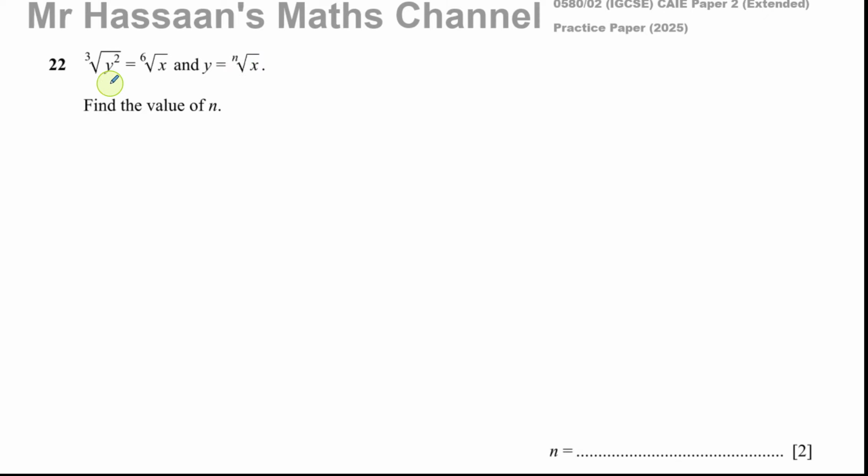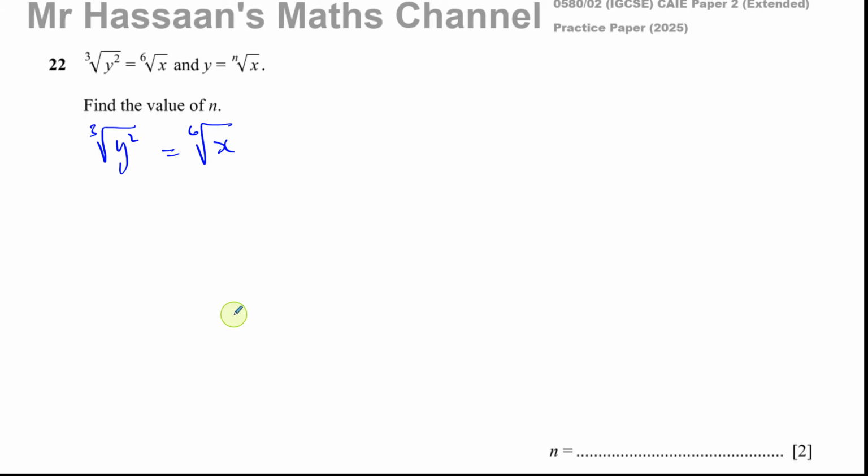So basically what we have to do is take this, the cube root of y squared equals the sixth root of x, and make y the subject. That should say in the end y equals, and then whatever's on this side, we can then work out what the n is going to be.